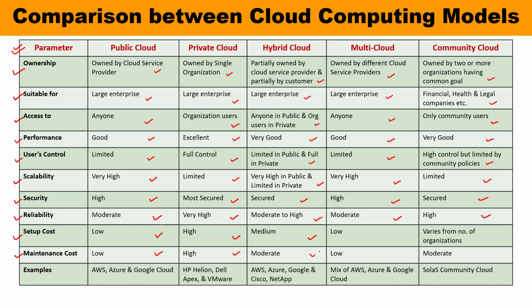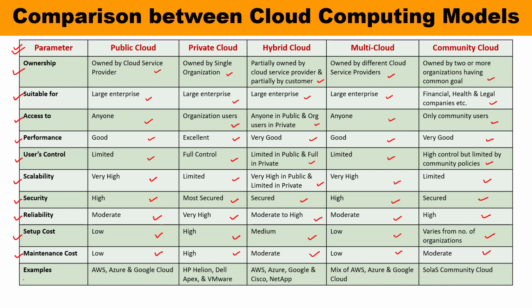While this is medium in case of hybrid, this is very low in case of multi-cloud. But in case of community, it varies with how many organizations are connected through that particular cloud, because the cost will be distributed among those organizations. If the number of organizations is less, the cost borne by each individual will be high, otherwise it will be reduced.